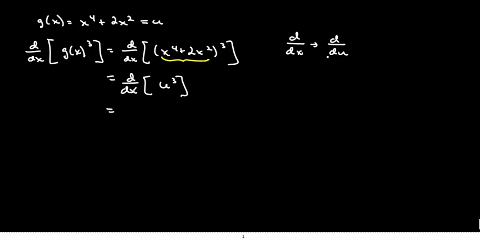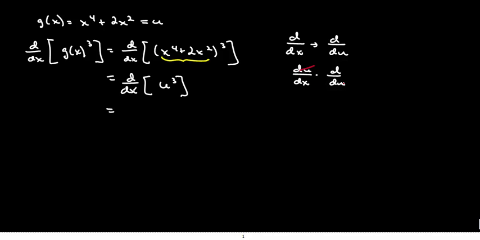The easiest way to remember how is with this Leibniz notation: what if we just write d dx as du dx times d du.